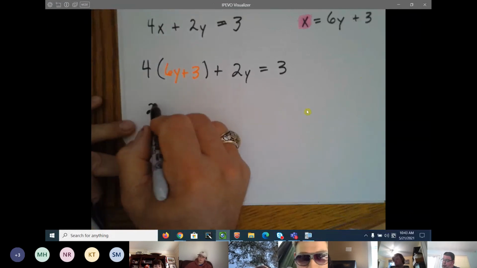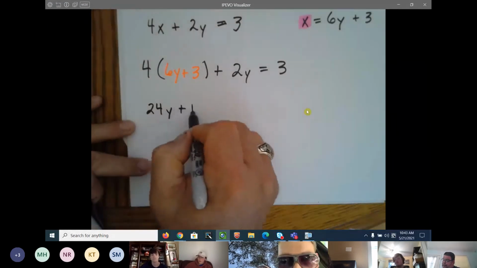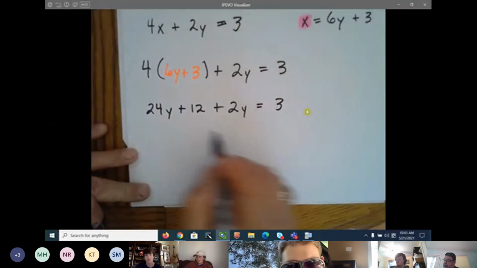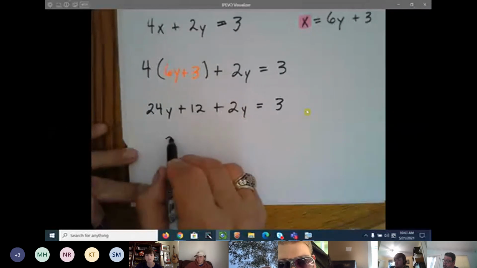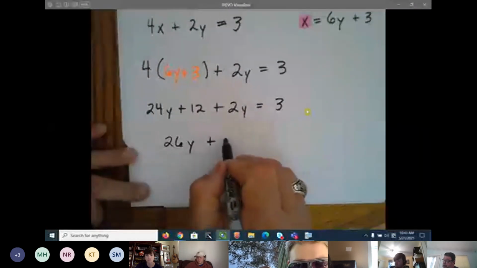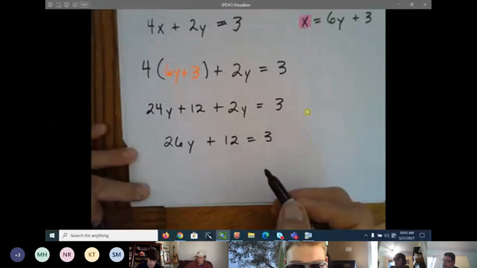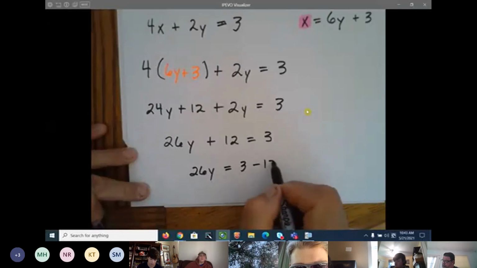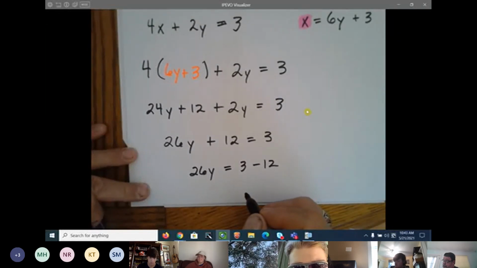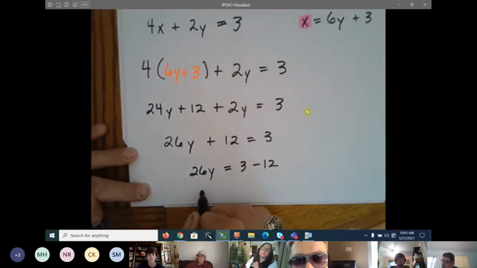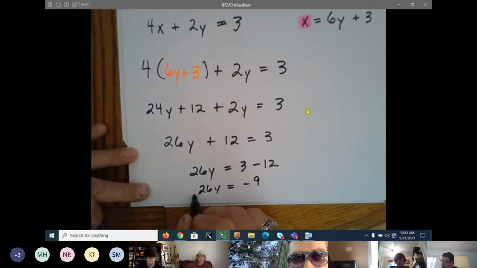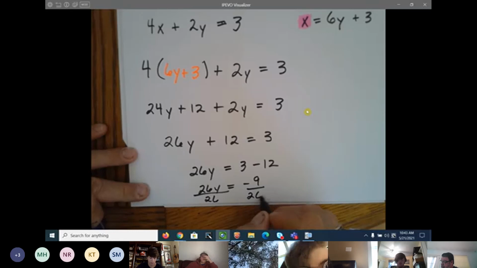So 24y plus 12 plus 2y is equal to 3. 24 plus 2y is 26y plus 12 is equal to 3. 26y is equal to 3 minus 12. And 3 minus 12 is what? Negative 9? Yes. 26y is equal to negative 9. Divide by 26.